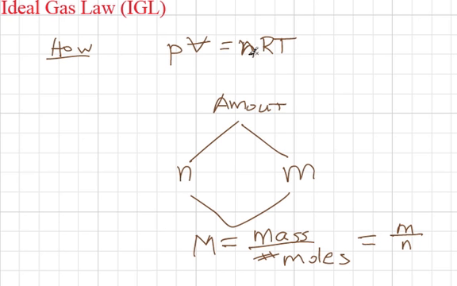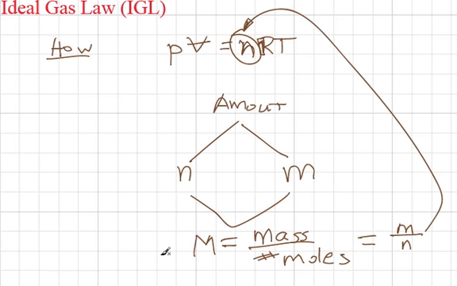Very often as engineers, we don't want to work with the number of moles, we want to work with the mass of the gas. So we can take this equation and stuff it right in there. And let's write the universal gas constant a little bit differently.